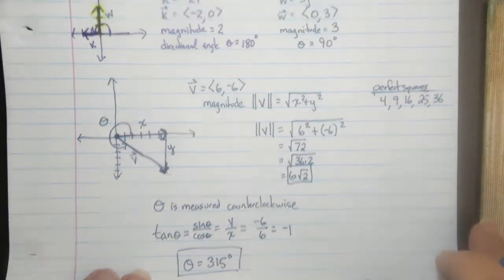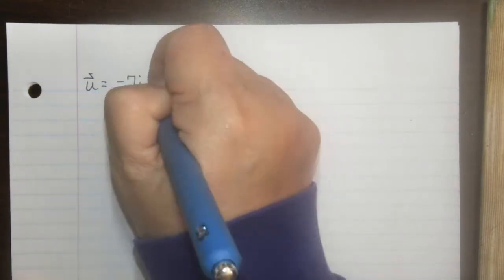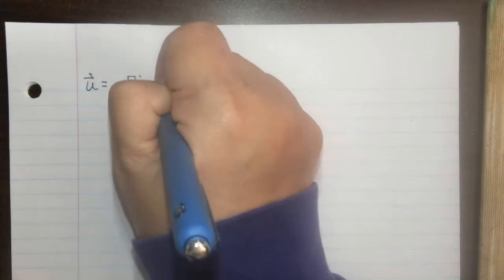Alright, so let me give you one to try. So I'm going to give you a vector. We'll call this one vector U. And it is going to be written -7i minus 4j.